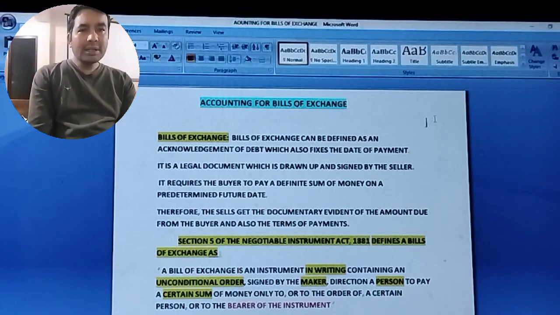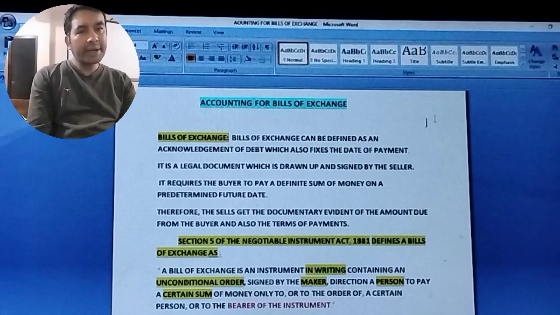So he signs an agreement with the buyer that the buyer will definitely pay a required amount on a definite date, and that is what is called bills of exchange.